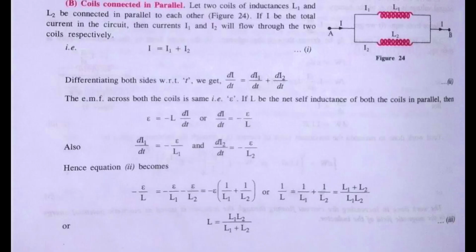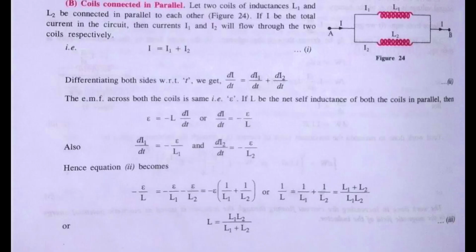Now we know that epsilon is equal to minus L di over dt, so rearranging the terms, we have the value of di over dt in terms of L, the coefficient of self-inductance. Then replacing the values in the equation where we have di over dt, di1 over dt and di2 over dt, we have the final expression in terms of the coefficient of self-inductance.